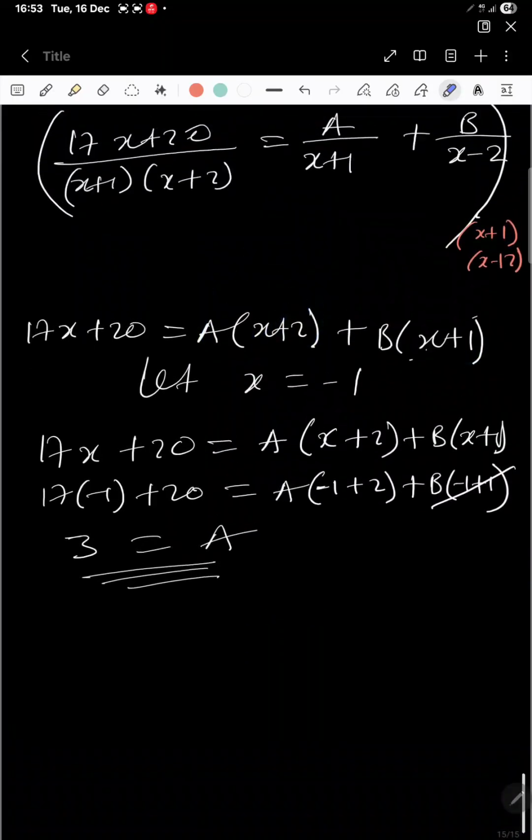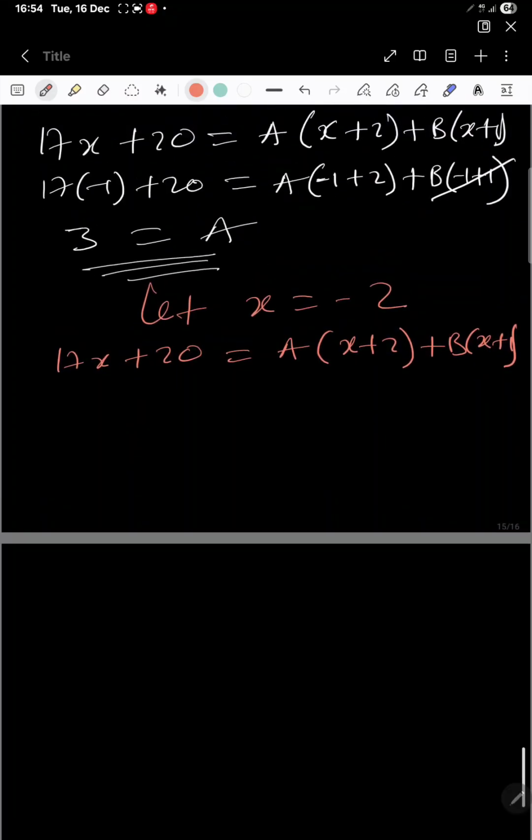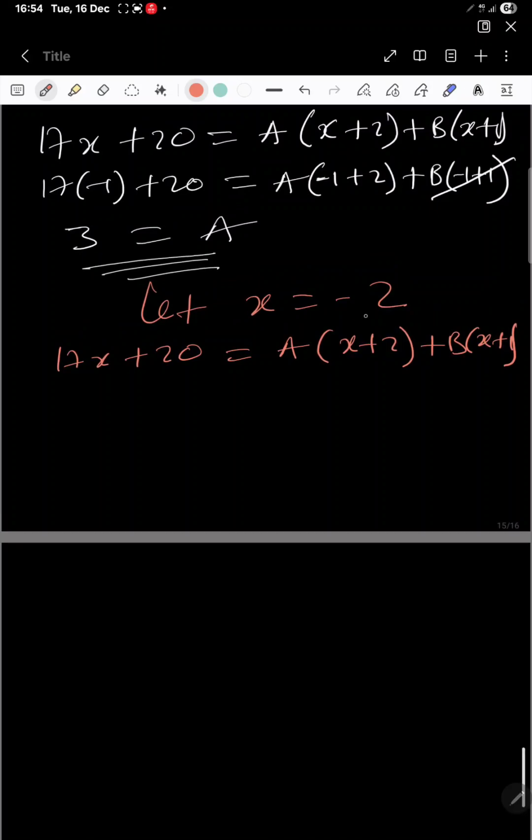So by doing so, we are going to say let x be equal to -2, meaning that we are getting our equation, which is 17x plus 20 is equal to a open x plus 2 plus b open x plus 1. Then here what we're going to do is replace whenever there is x, we are putting -2.